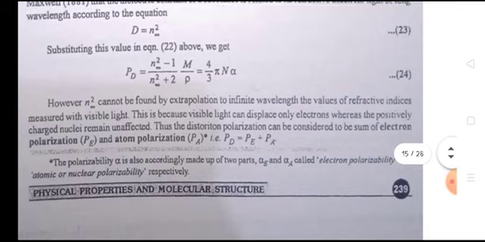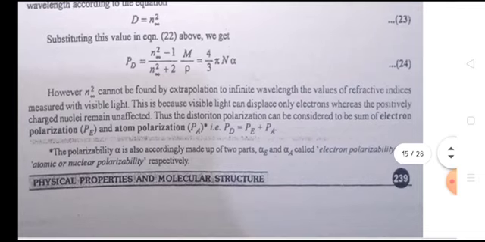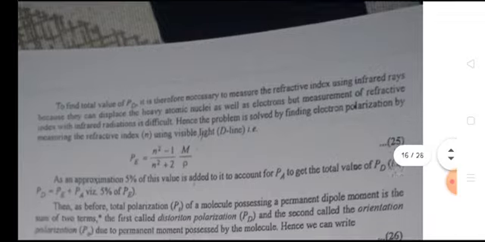However, n infinity square can be found by extrapolation to infinite wavelength of the values of refractive indices measured with visible light. This is because visible light can displace only electrons, whereas the positively charged nuclei remain unaffected. Thus, the distortion polarization can be considered to be the sum of electron polarization and atom polarization.